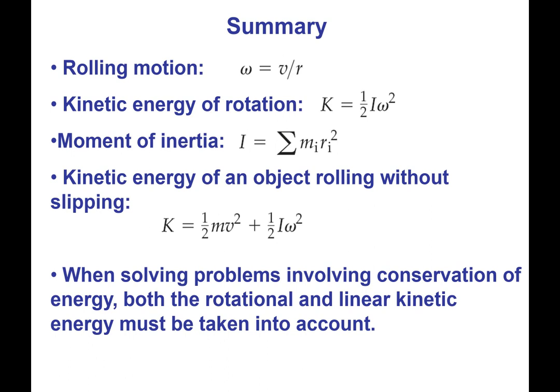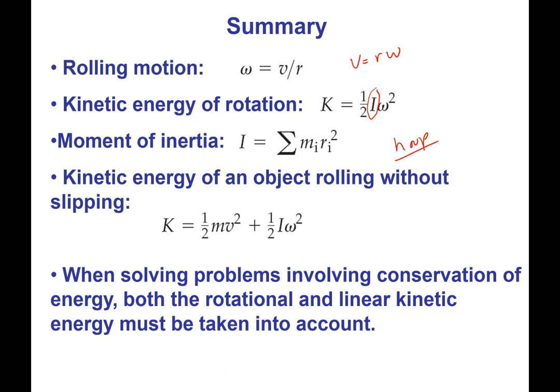Dealing with rolling motion, that's just manipulating it for omega. You have your kinetic energy for rotation. Our mass is a little bit different because we're not saying it's uniform anymore, so we have to take all the different types of moment of inertia. The big ones to remember are the hoop and the disk.